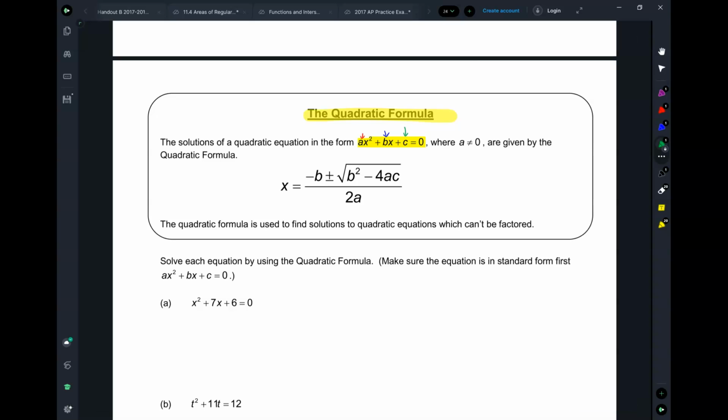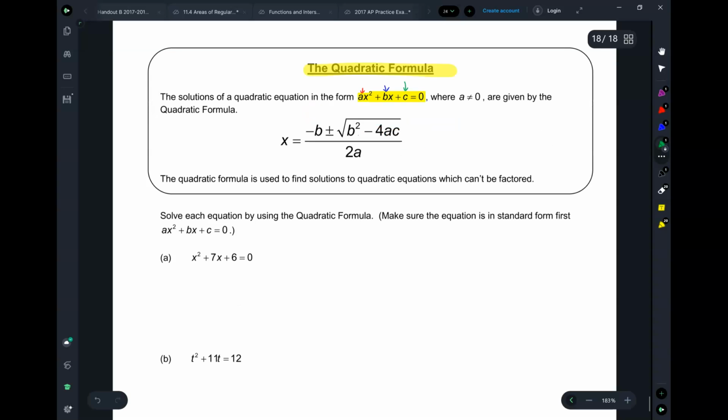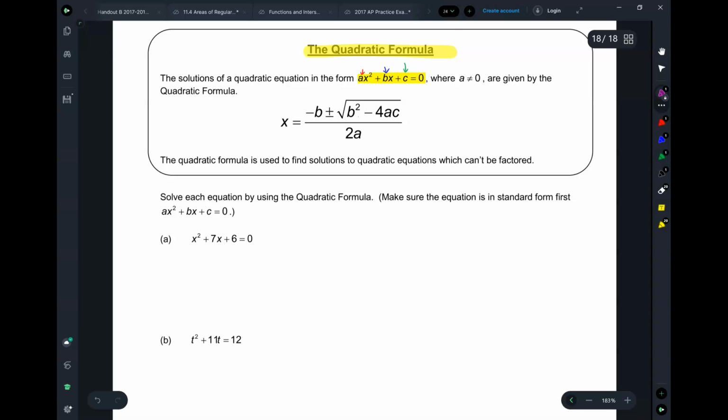And the solution is this. So it's negative b plus or minus the square root of b squared minus 4ac over 2a, right? And that solves equations which can't be factored. By the way, you can also use this for equations that can be factored. Like you can use this for any quadratic equation.